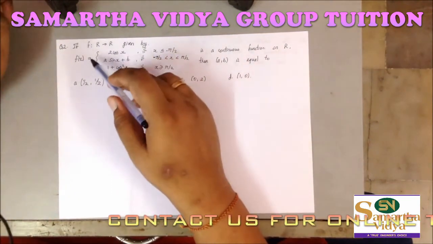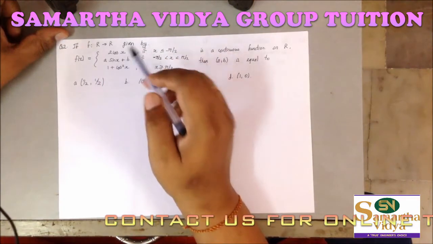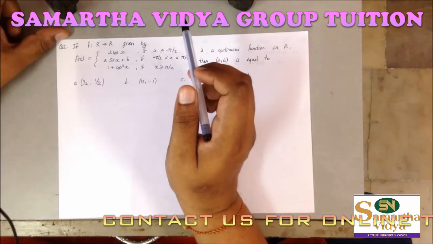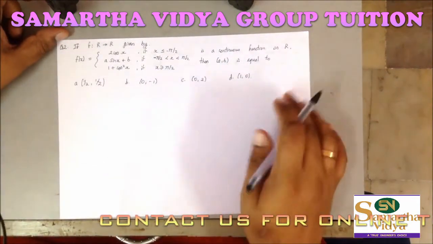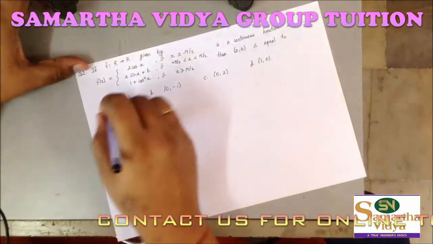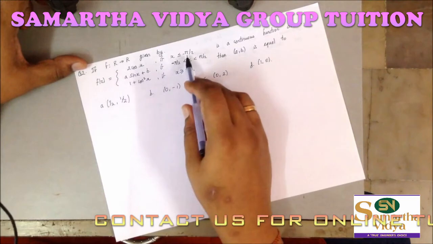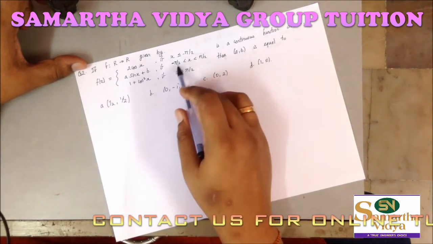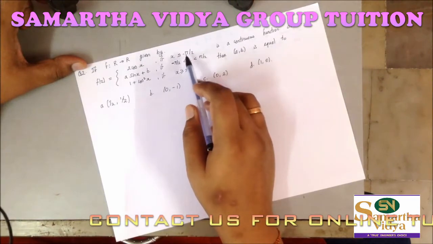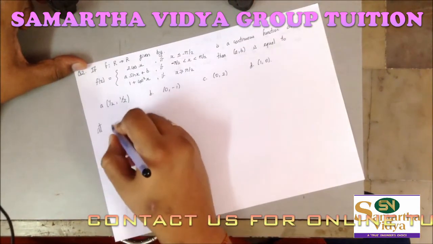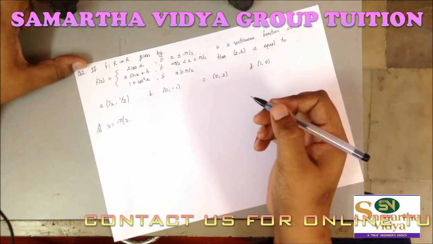Now you have to understand that the function is not in the form of a ratio. Generally, if it is not in the form of a ratio, you cannot go for the L'Hopital rule. You have to go for the basic definitions of limits. If my function is to be continuous, it should be continuous at these discontinuity points, which is minus pi by 2. So I need to find, at x equal to minus pi by 2, the condition for continuity.